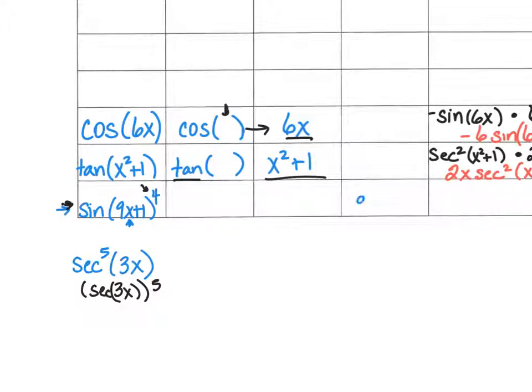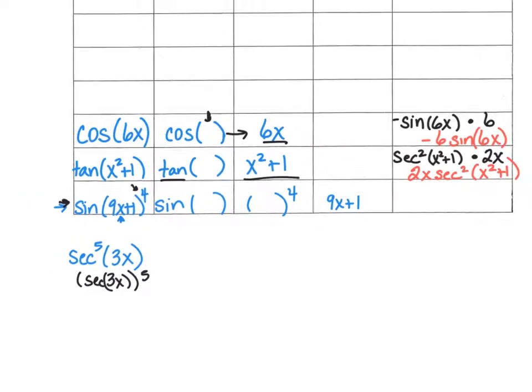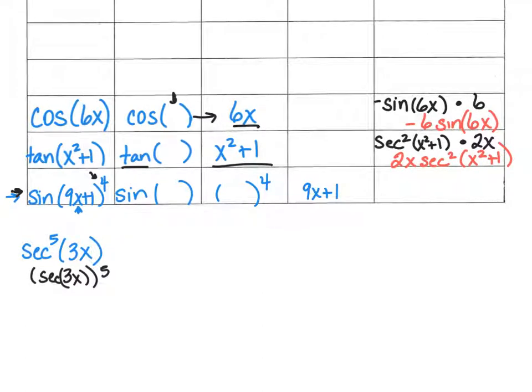Well, the first thing, the inside, because remember in compositions you work inside out, you would do 9x plus 1. Then you would raise that to the 4th. And then whatever you got there, you would take the sine of that. So let's do the derivative of each layer. The derivative of sine is cosine.